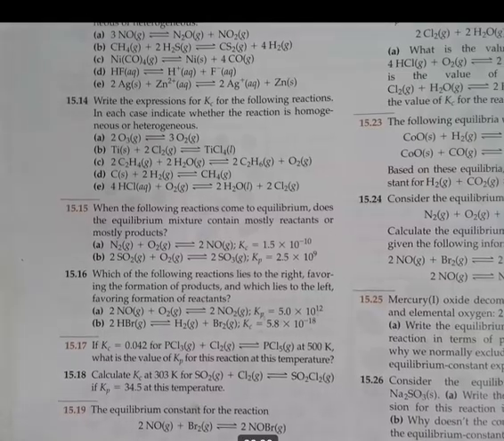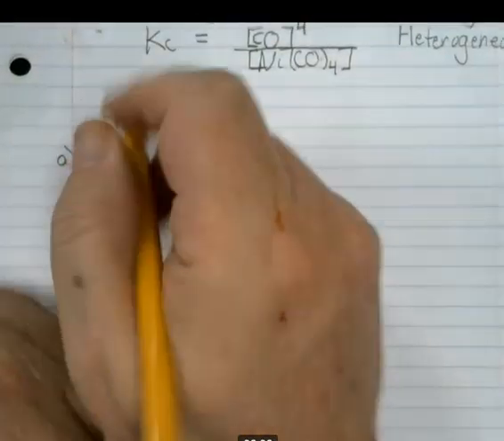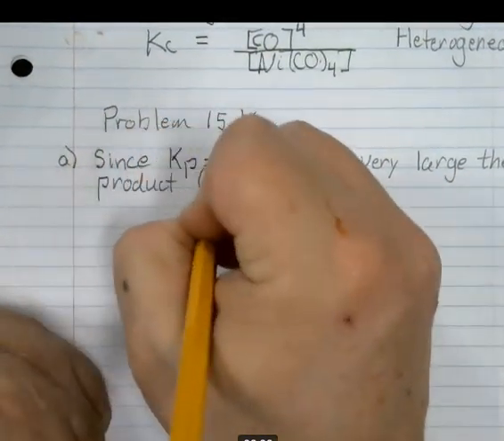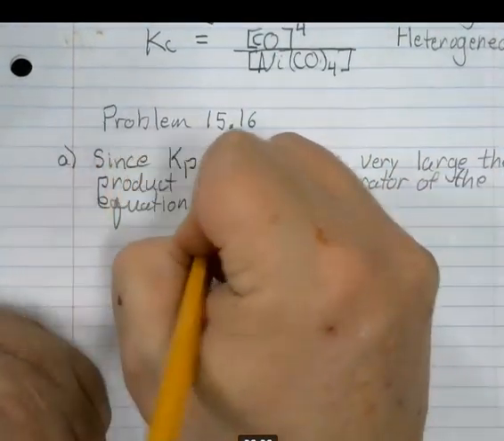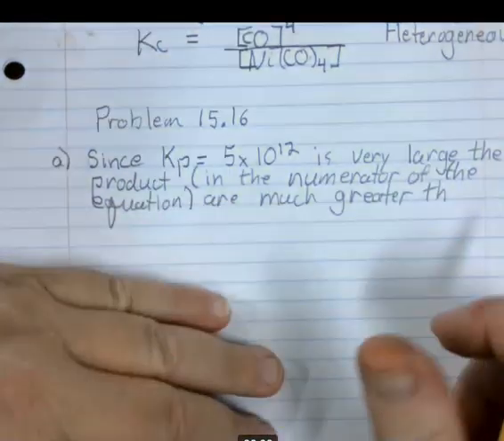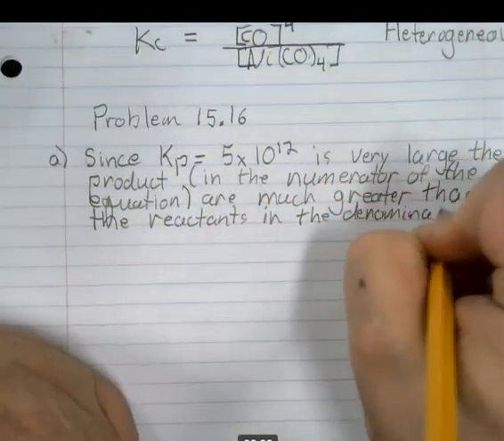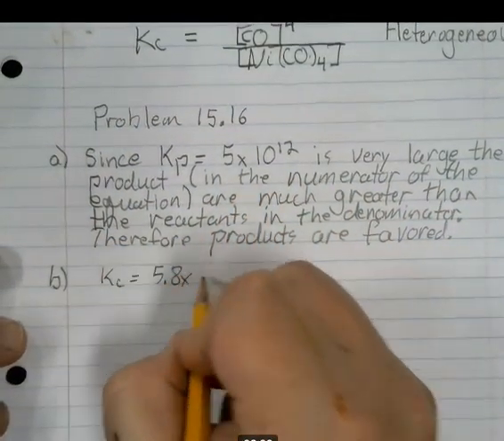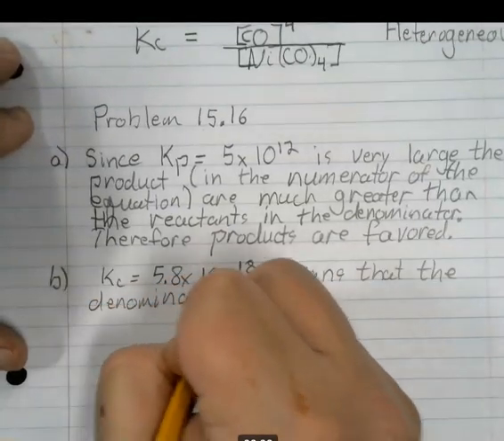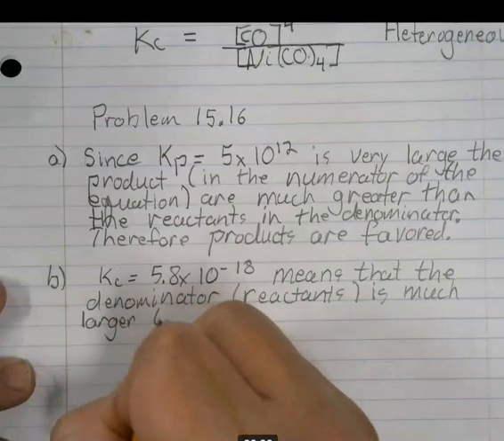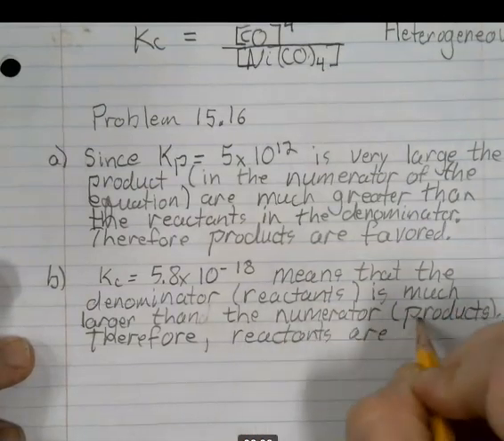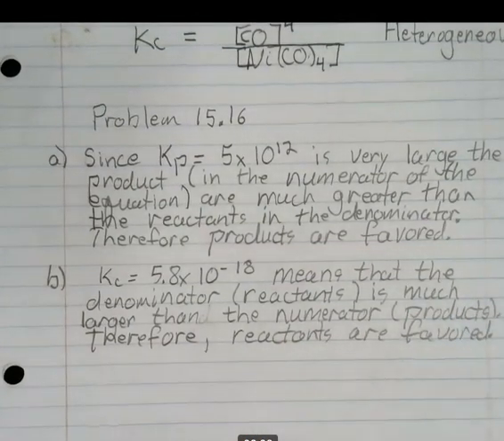So let's just write that out. Part A, 5 times 10 to the 12th is very large.